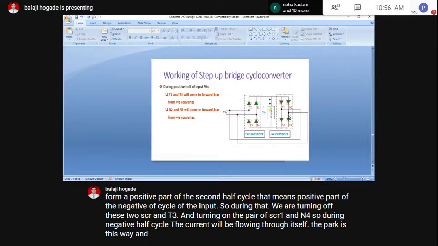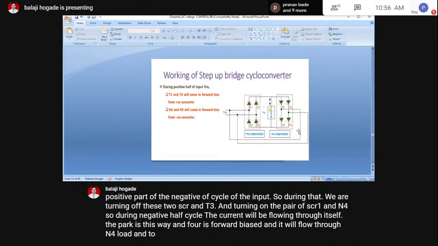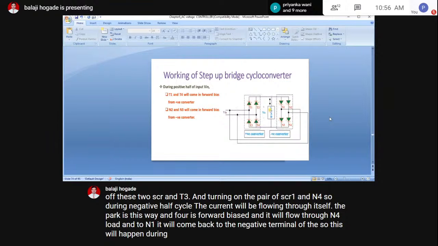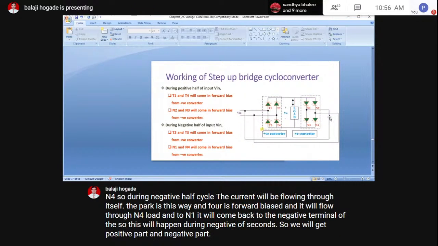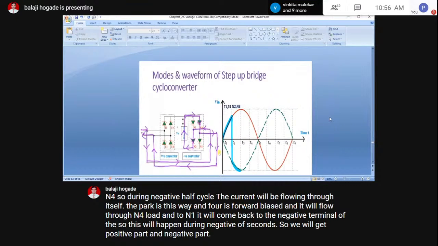N4 is forward biased and it will flow through N4, load and through N1 it will come back to the negative terminal of the supply. So this will happen during the negative half cycle. So we'll get positive part and negative part in this way.